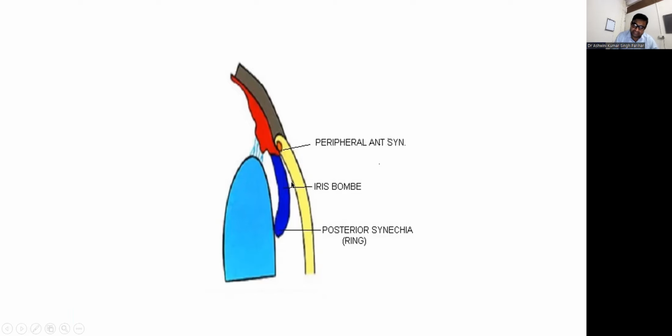Because of this anterior synechiae, the trabecular meshwork is blocked and the aqueous is not able to move out of the anterior chamber. Whatever aqueous is there will remain and the pressure will rise.